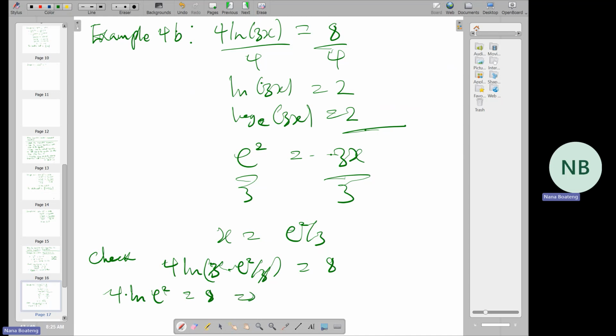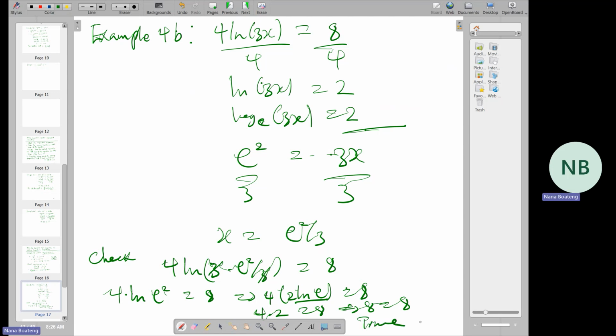And this is also equal to 4 times 2 natural log of e, which is equal to 8. And natural log of e is 1. So we have 4 times 2 is equal to 8, so 8 is equal to 8, which is true.